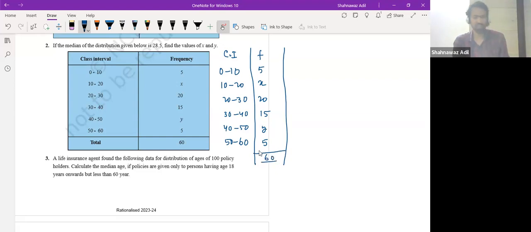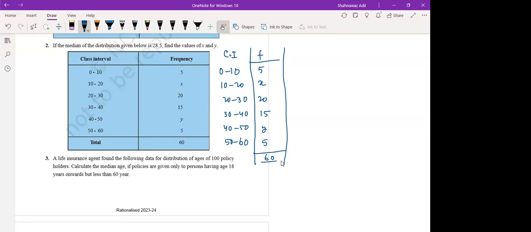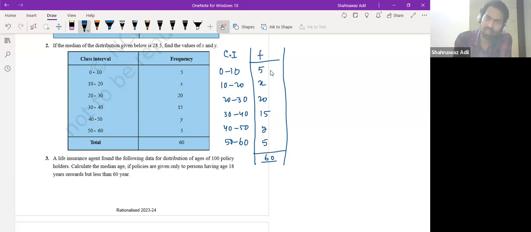So what is this 60? N is the total of the frequencies, absolutely right.